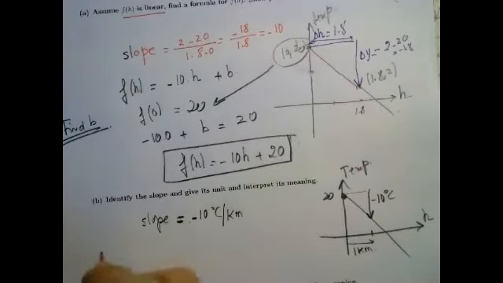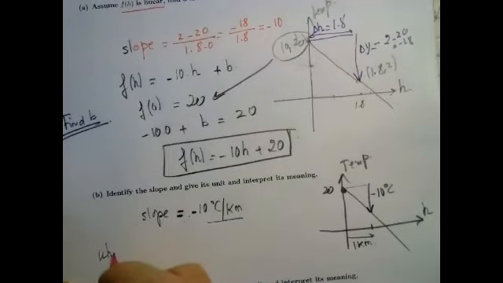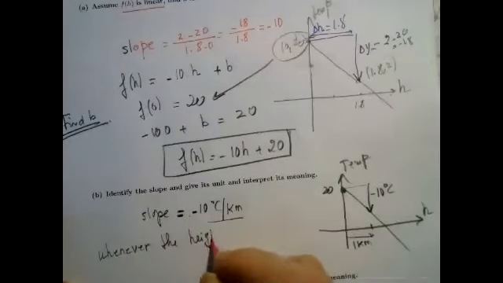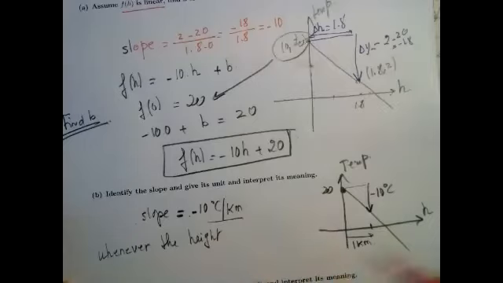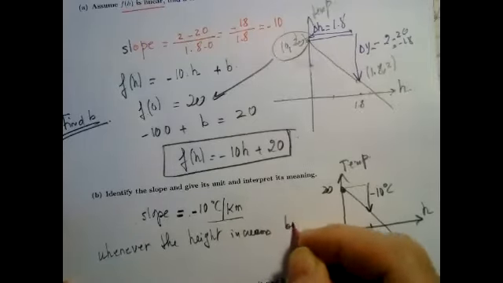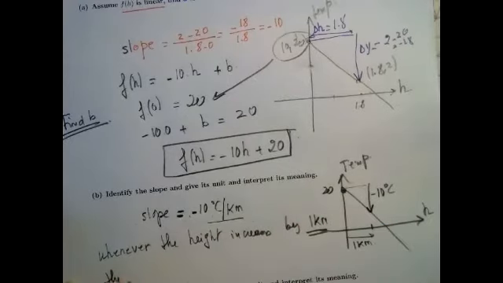It means every time, and now I repeat what your classmate said, only the unit, he got it not perfect. So it means that whenever the height, because it's not x, I called it h, increases by 1 kilometer, it means every time we go up by 1 kilometer, then the temperature decreases by 10 degrees.